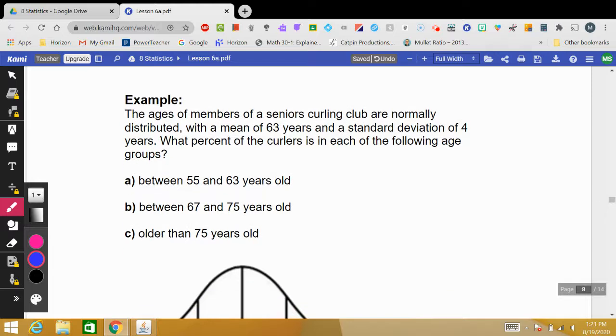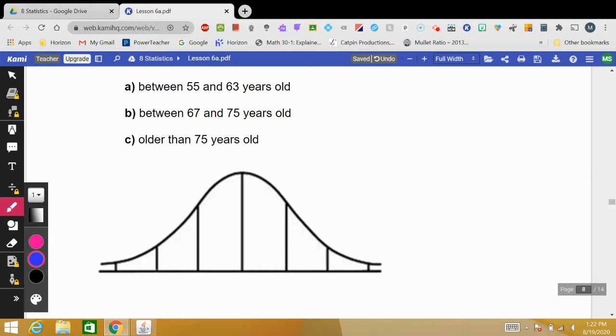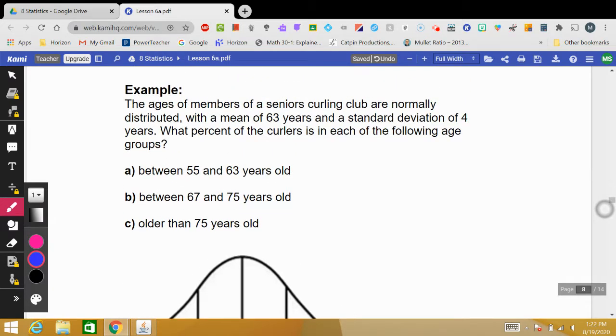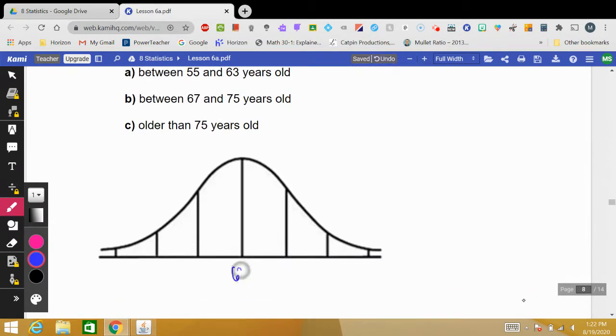So it says here, the ages of members of a seniors curling club are normally distributed with a mean of 63 years and a standard deviation of 4 years. Okay, so the first thing we always have to do is construct the curve. So our mean is 63, and our standard deviation is 4. So we're going to add 4 going up and minus 4 going down.